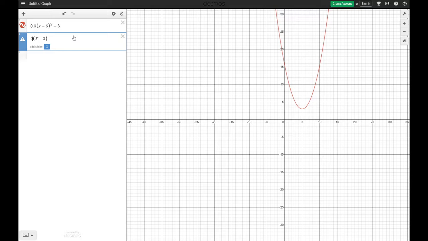Why is this x so big? 2x minus 3. Again, we're gonna need the square root symbol here. Shit.